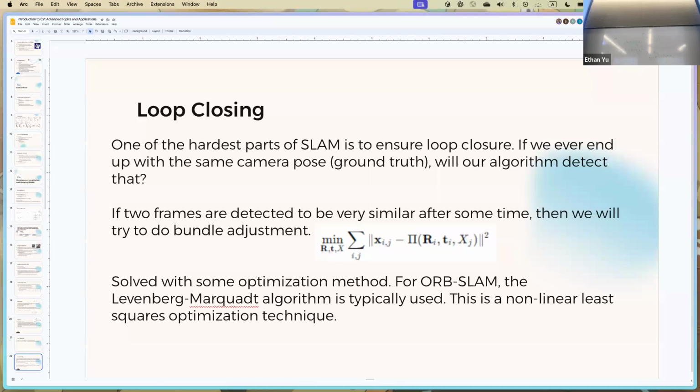So very simply put, what this equation is trying to do is minimize the difference between the actual location of each of the features in each of the frames compared to our estimation of the location of that feature in that frame, based off of the rotation and translation matrices that we have. We're just trying to minimize that difference so that it looks the same.